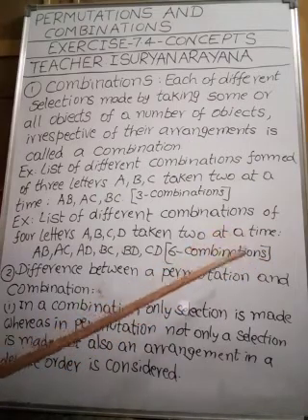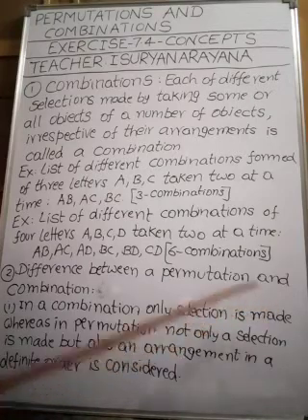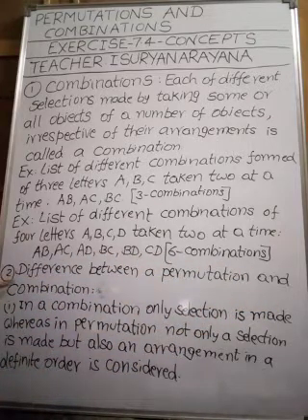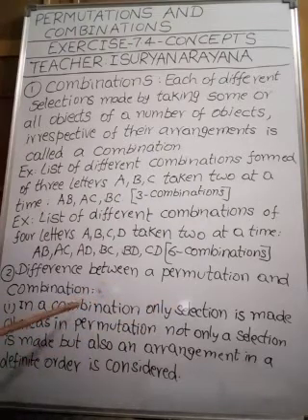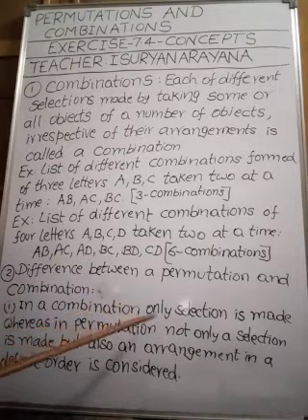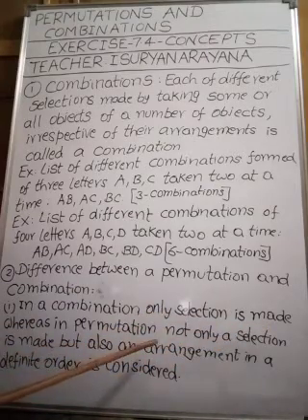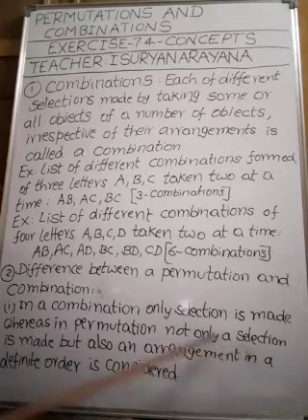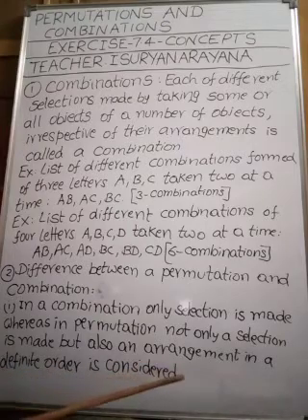Combination means a selection of objects from a number of objects. See here, second point: the difference between a permutation and a combination. In a combination, only selection is made, whereas in a permutation, not only is a selection made, but also an arrangement in a definite order is considered.